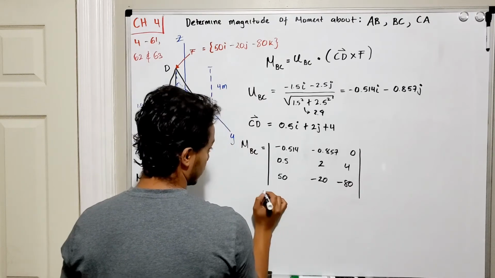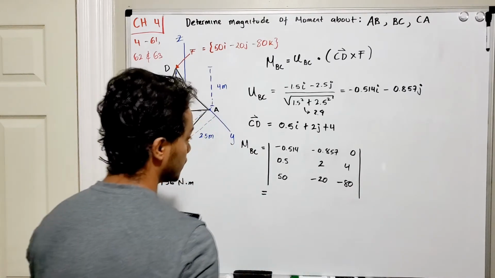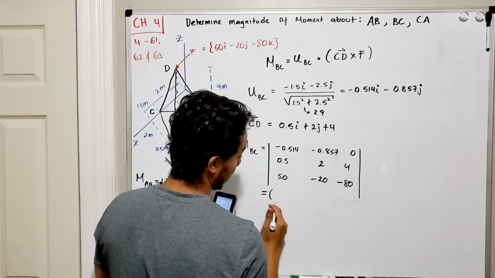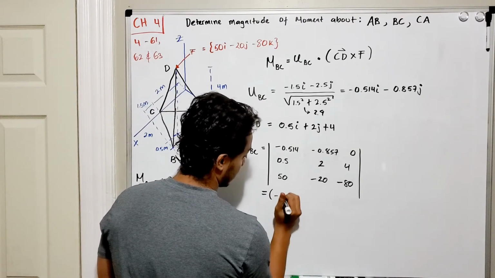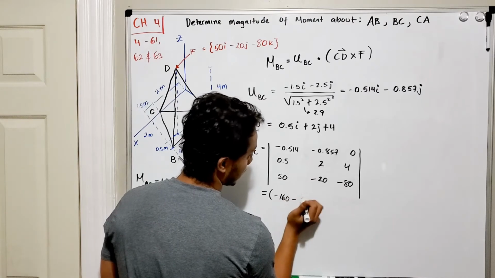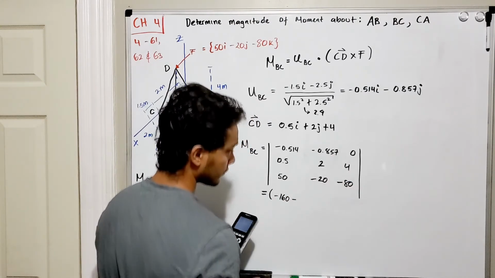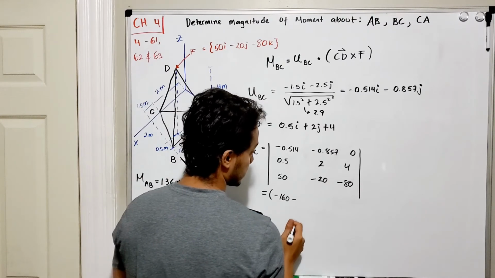Okay, now this moment of BC is going to be equal to, so we do 2 multiplied by negative 8, that gives me negative 16, and then we do minus negative 20 multiplied by 4, that gives me negative 80.